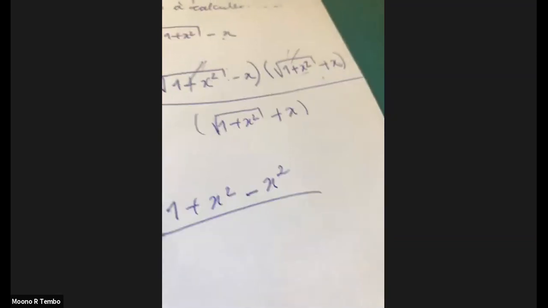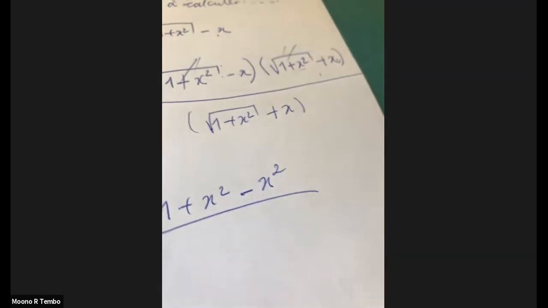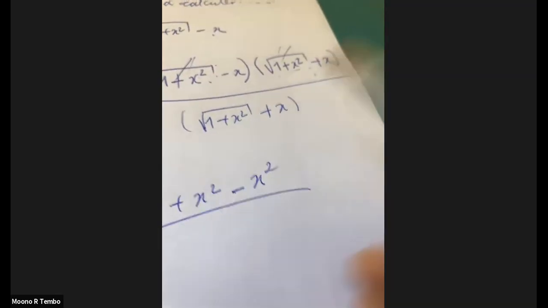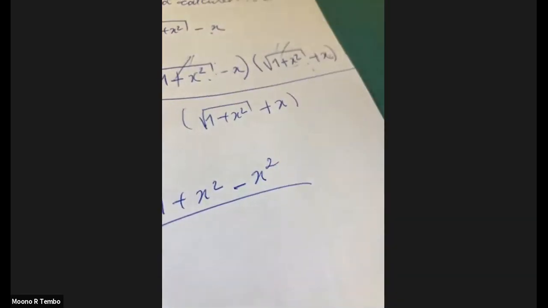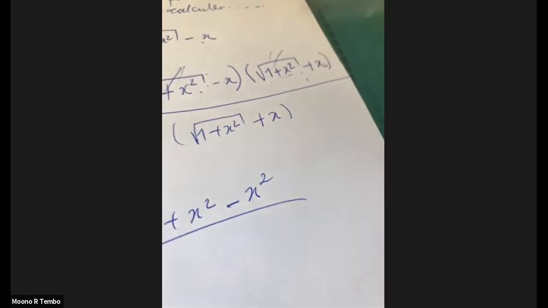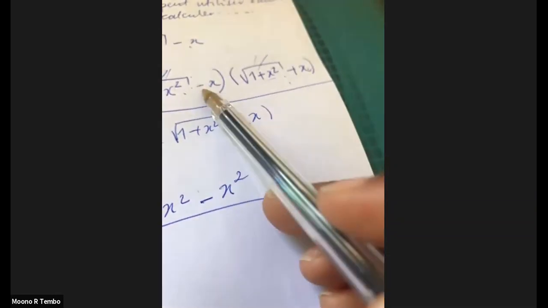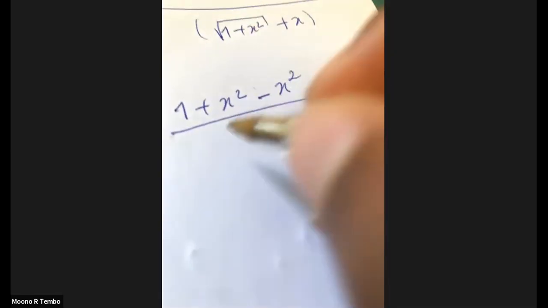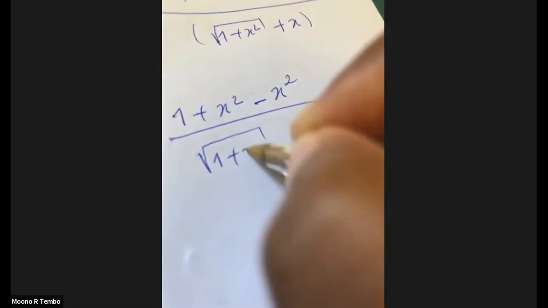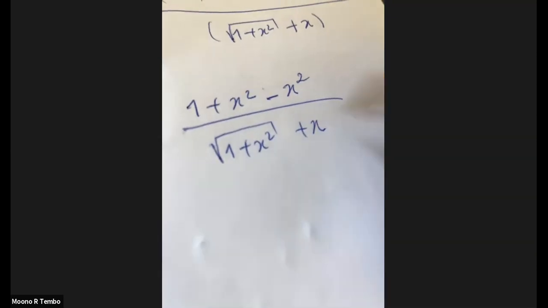When you have such a thing, the square roots cancel and you only keep what's inside. That's 1 plus x squared, then what's outside, you multiply, and you have negative x squared. The bottom part you keep the same value, the square root of 1 plus x squared plus x.